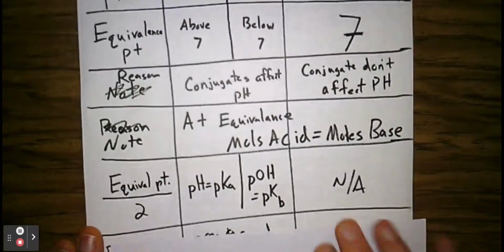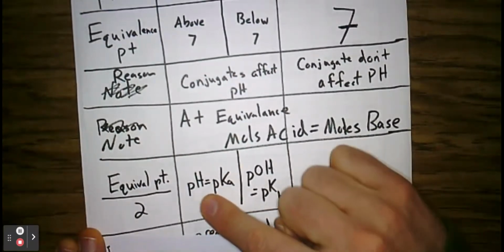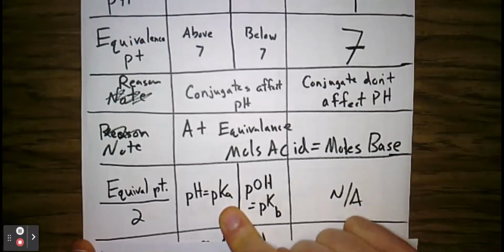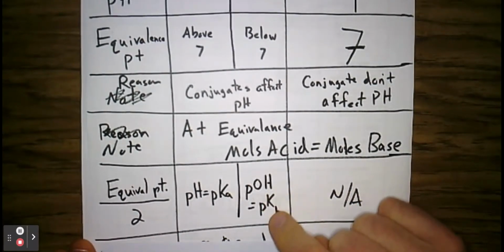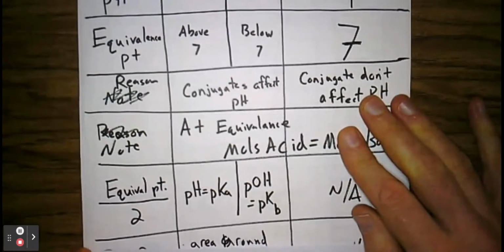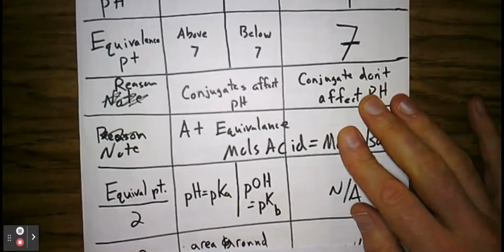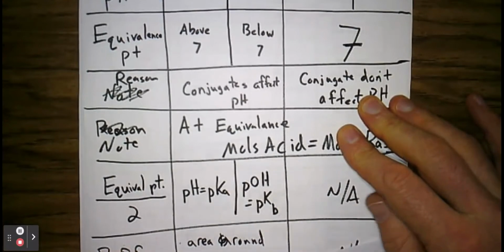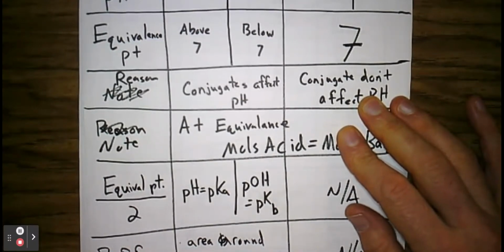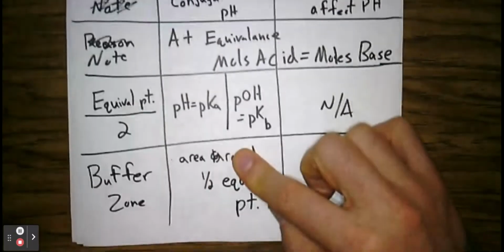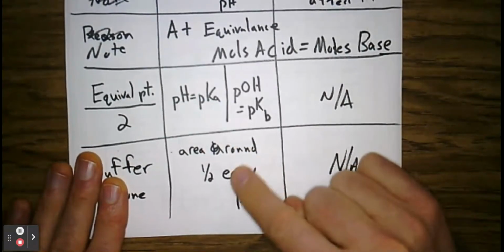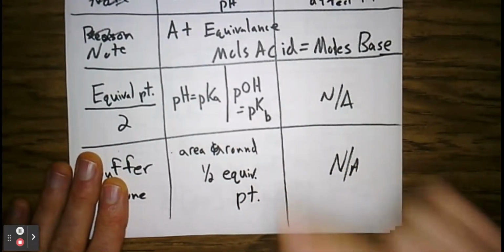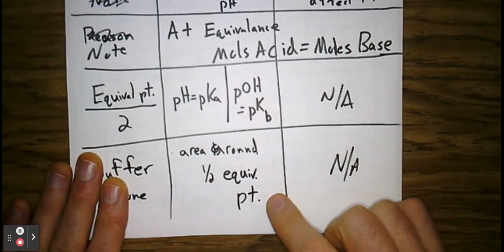For a weak acid, the pH is equal to the pKa value of that acid, and the pOH is equal to the pKb for a base. Another thing that's unique about weak acids and weak bases is that they've got what is known as a buffer zone. I'll explain where that is and what that means a little bit later.